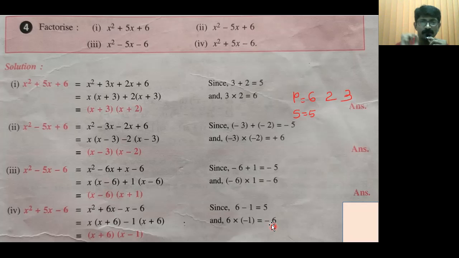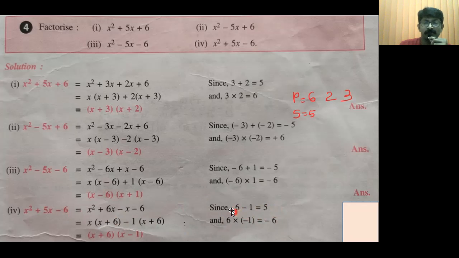Don't worry, student, we'll do after this one specific question another example. There I'll teach you how to find this product and sum. At the moment, just focus on how the sign plays a very important role. Okay, 6 into minus 1 gives negative 6, and 6 minus 1 becomes positive 5. Isn't it? Positive 5 as the sum and negative 6 as the product.